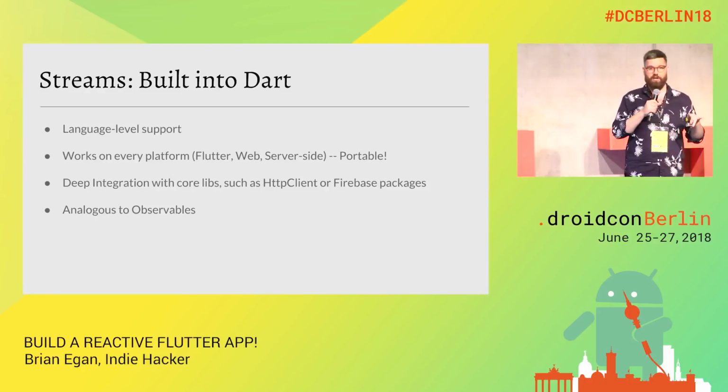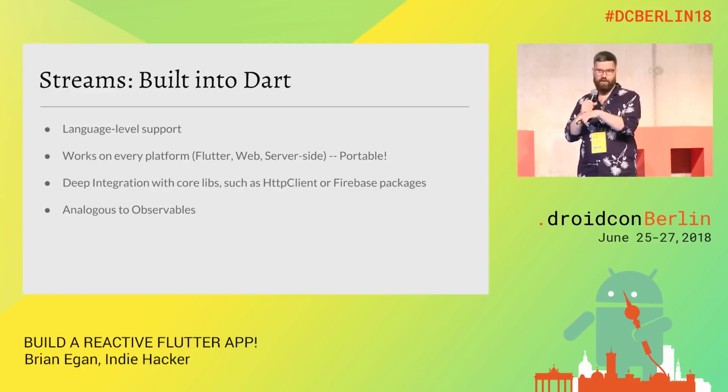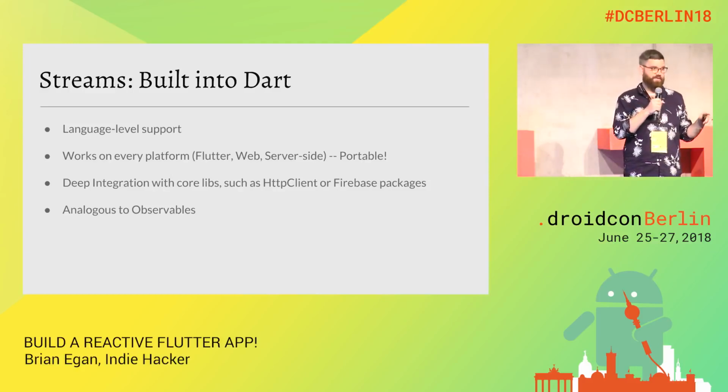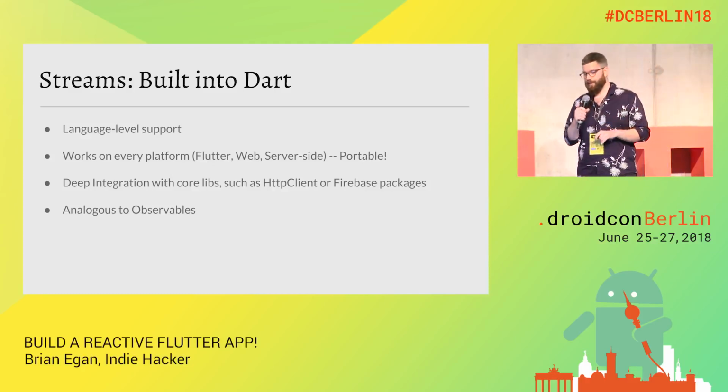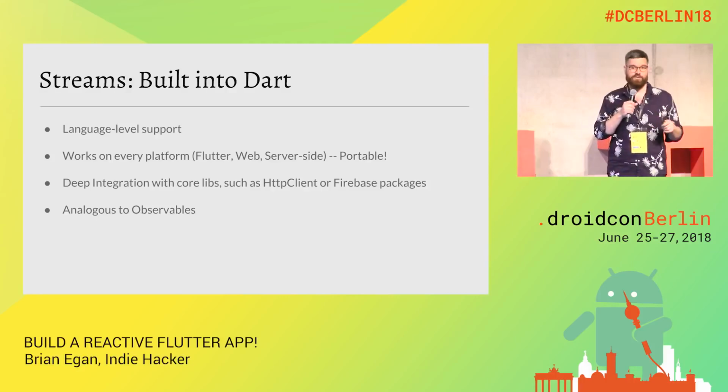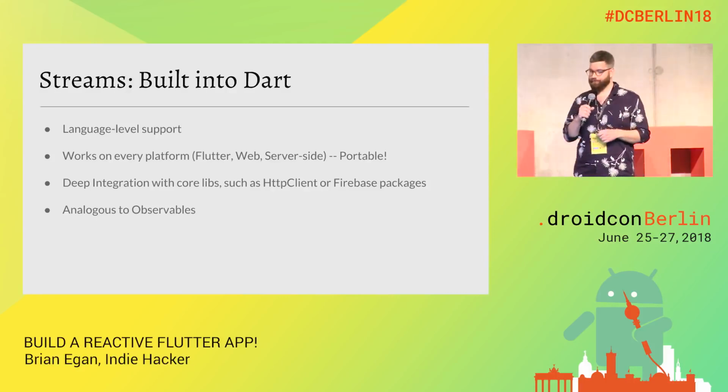They share about 50 to 60% of their code between their Flutter apps, which are iOS and Android, and also with their Angular Dart apps. So they're able to share a huge amount of code between those platforms, similar to what Jake was talking about this morning with sharing code.